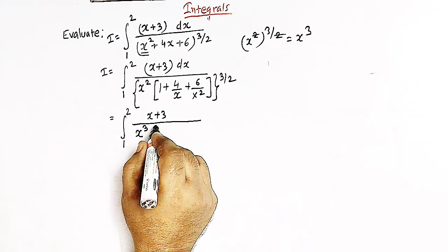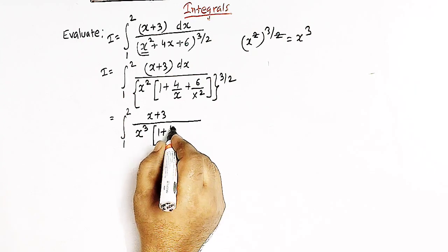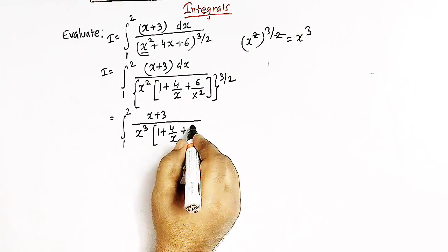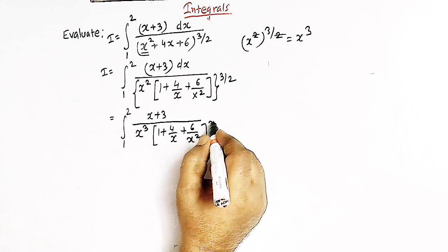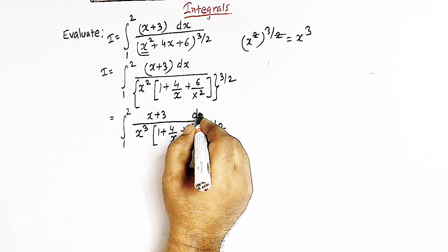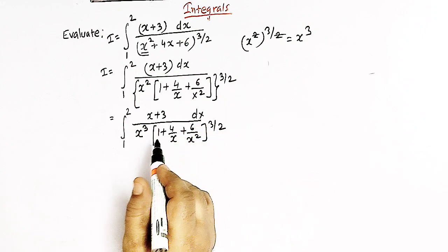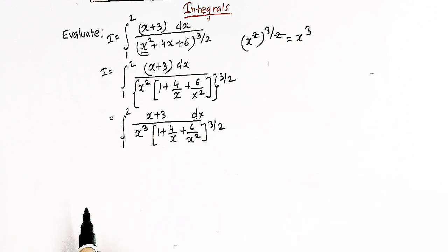So here we have x cube, and now we have 1 plus 4 over x plus 6 over x square, and here we have 3 by 2, right? So now we can make use of the concept of substitution.